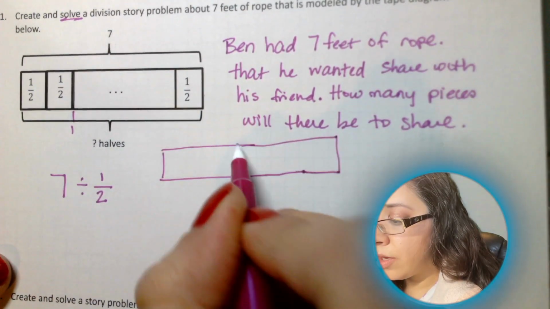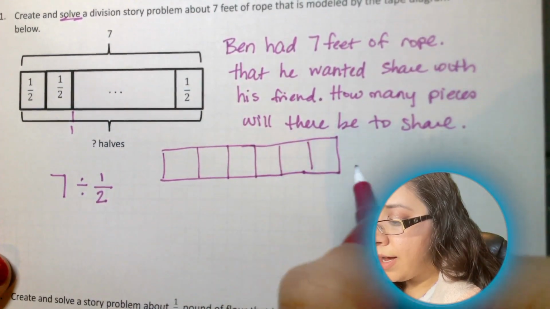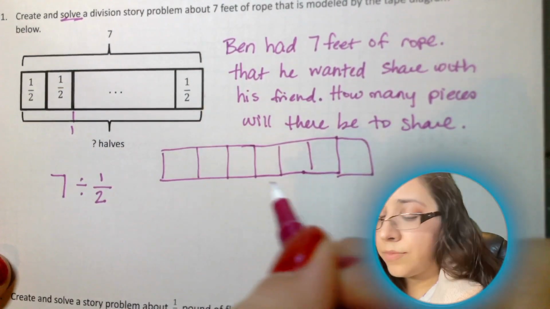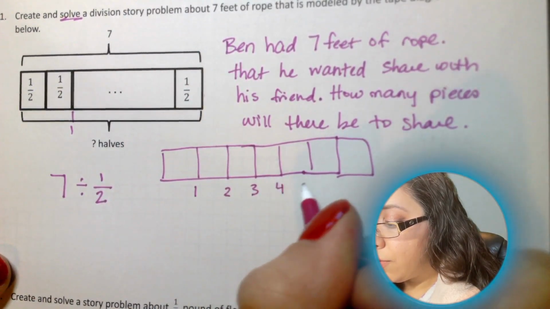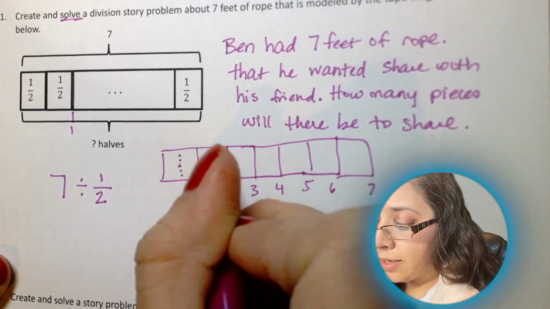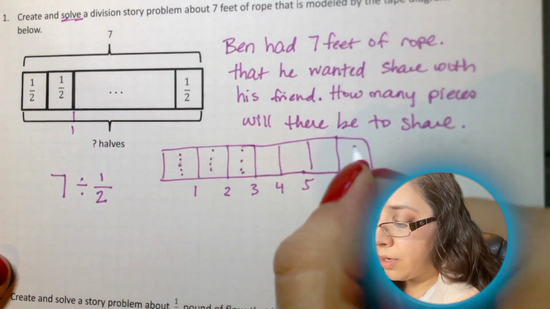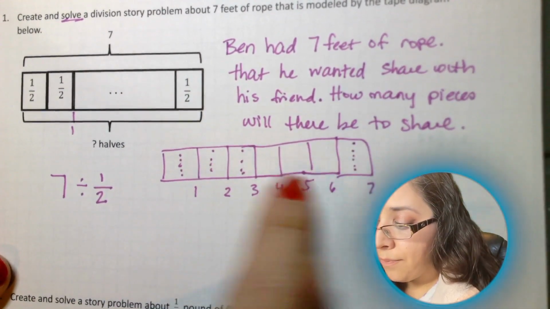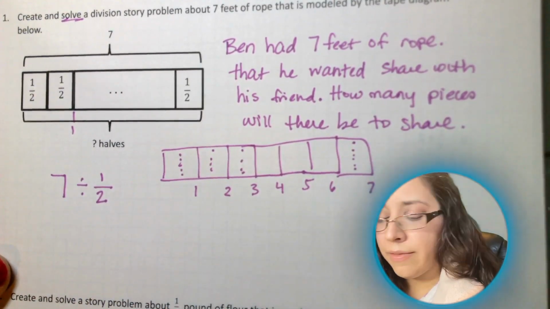It would have to be a little bit of a longer one, right? 1, 2, 3, 4, 5, 6. So there's my 7, right? 1, 2, 3, 4, 5, 6, 7. And all they're doing is splitting them all in half. They just didn't show us all of the in between. They showed us the first one, and then the last one, part of 1.